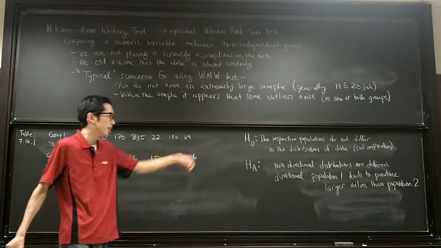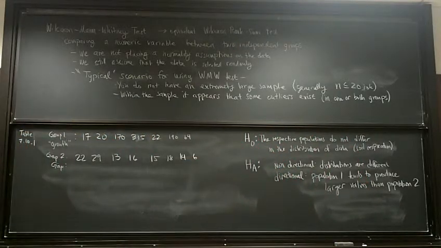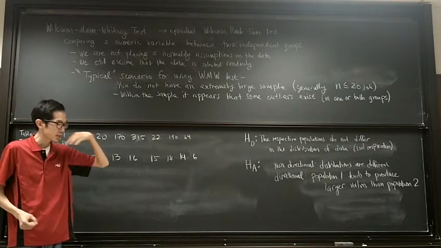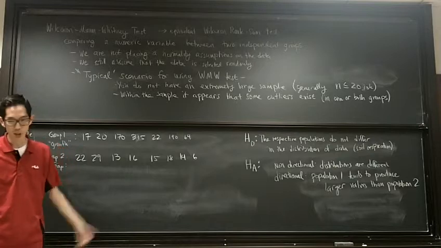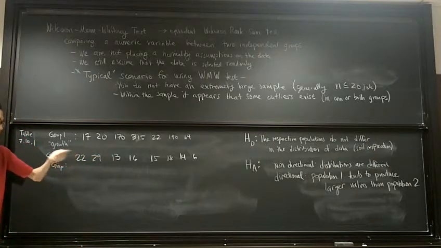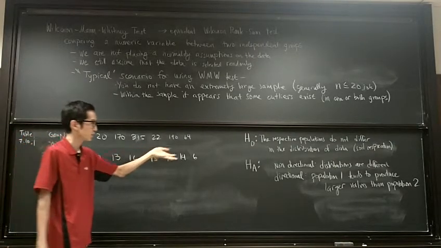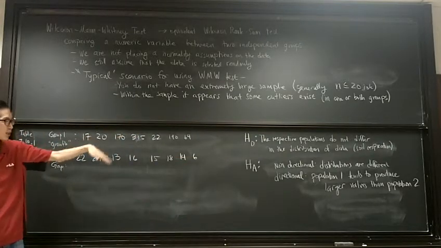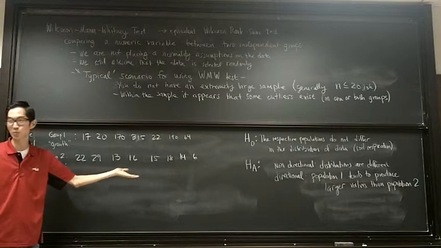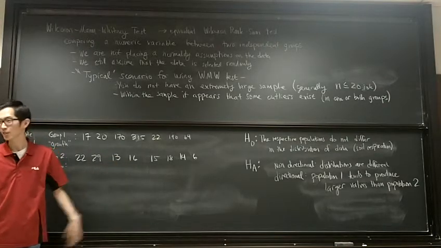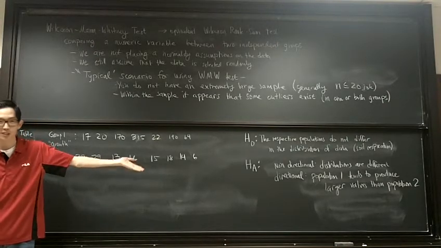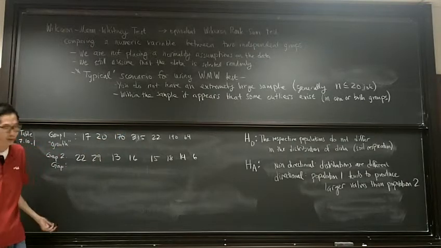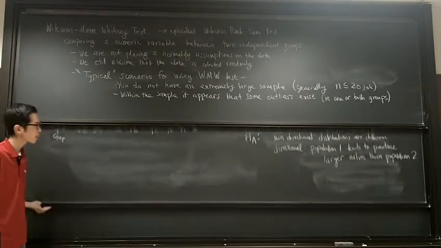These are generic null and alternative hypotheses. Of course, you can make it more applicable to the situation by saying something like the soil respiration numbers in the growth section tend to be larger than the soil respiration numbers in the gap section. But that's pretty much saying the same thing: population 1 tends to be larger than population 2.